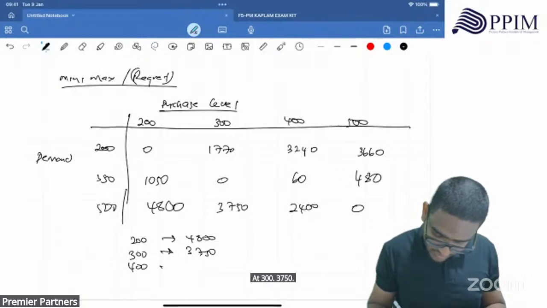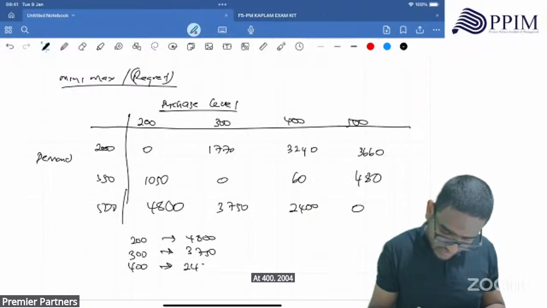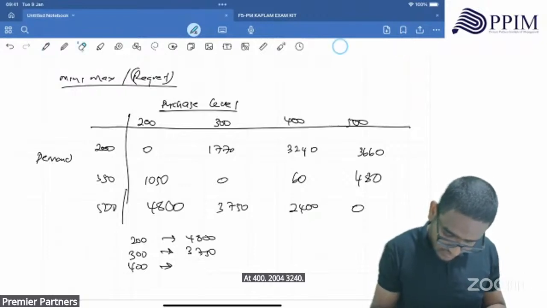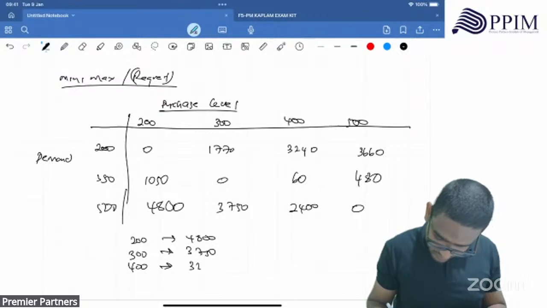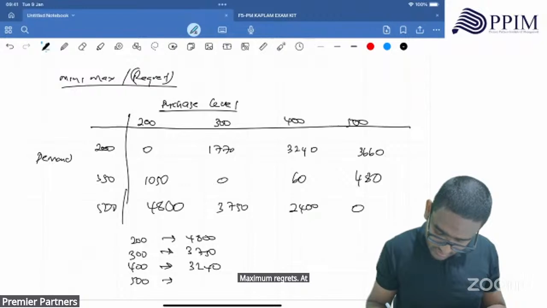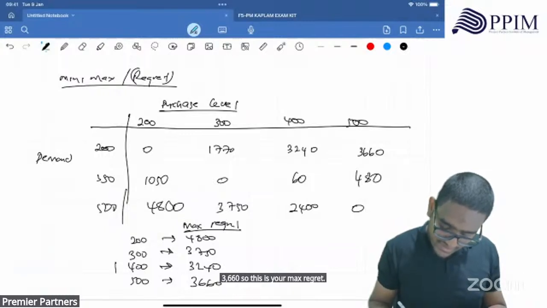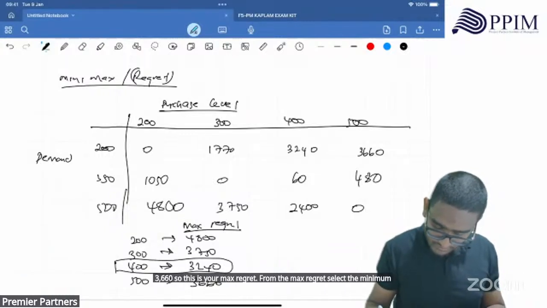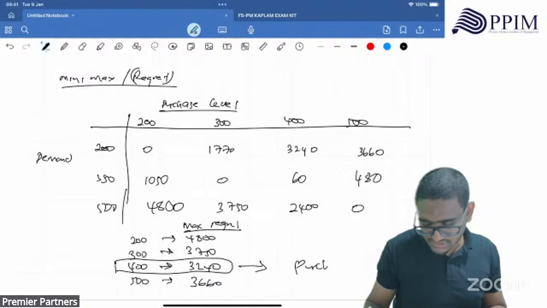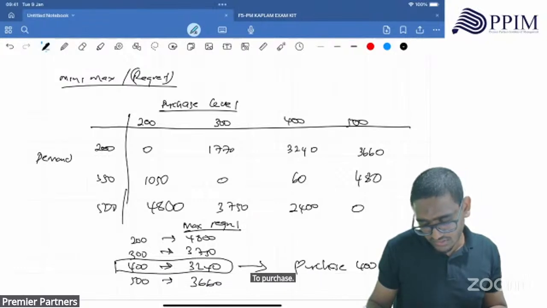At 400, 3240. Maximum regrets. At 500, 3660. So this is your max regret. From the max regret, select the minimum. So purchase 400 tickets.